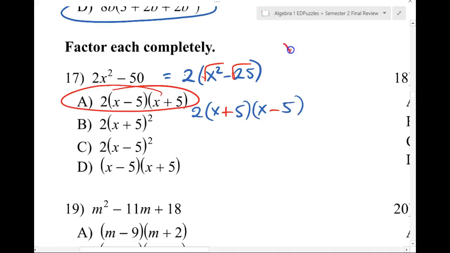Or again, you can pull this x squared minus 25 off to the side and use the x, but you need to include the missing term, which is 0, the middle term. And then you could do the x and put negative 25 on top, 0 on the bottom. Two numbers that multiply to negative 25 but add to 0, that'd be 5 and 5, and one of them has to be negative.